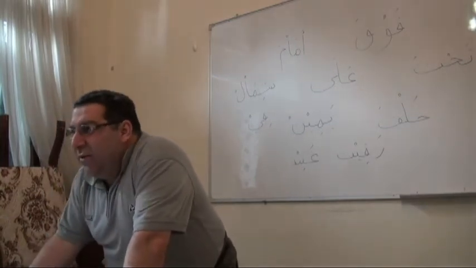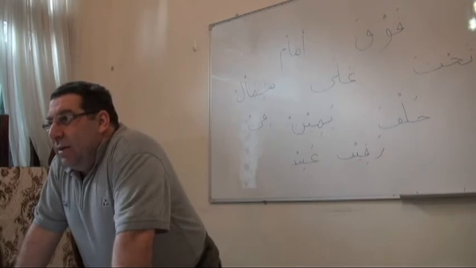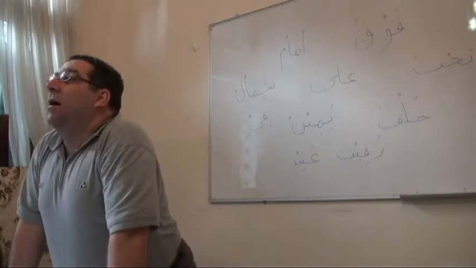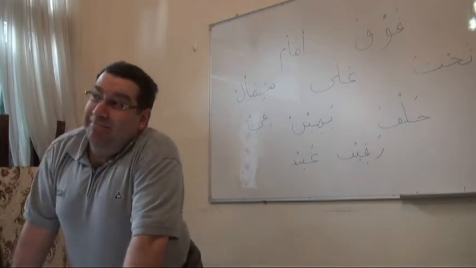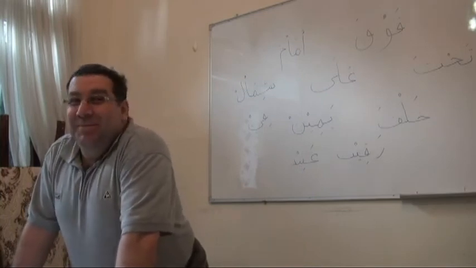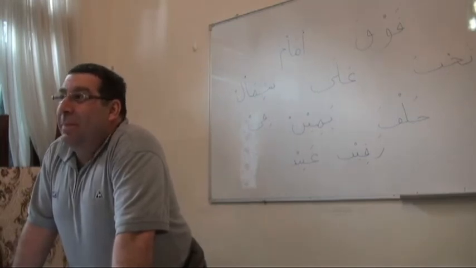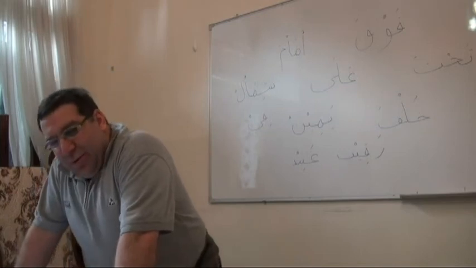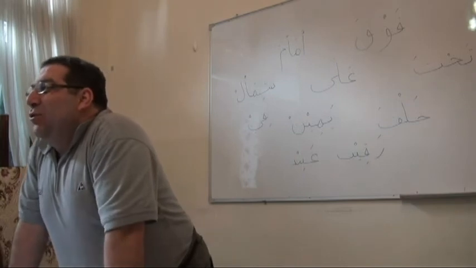What is the meaning of 300? Okay. Now, Aisha, what is 960? Exactly. Good. 900 وستون.